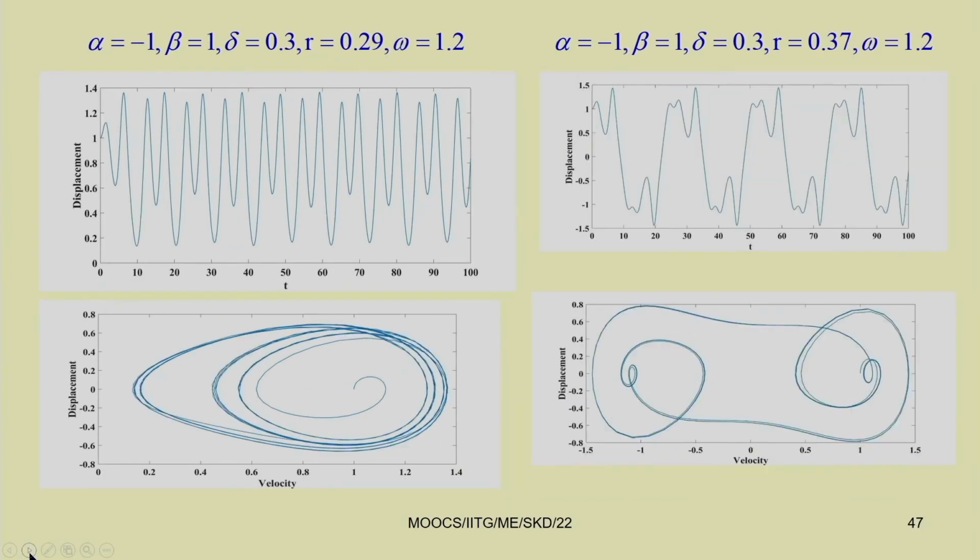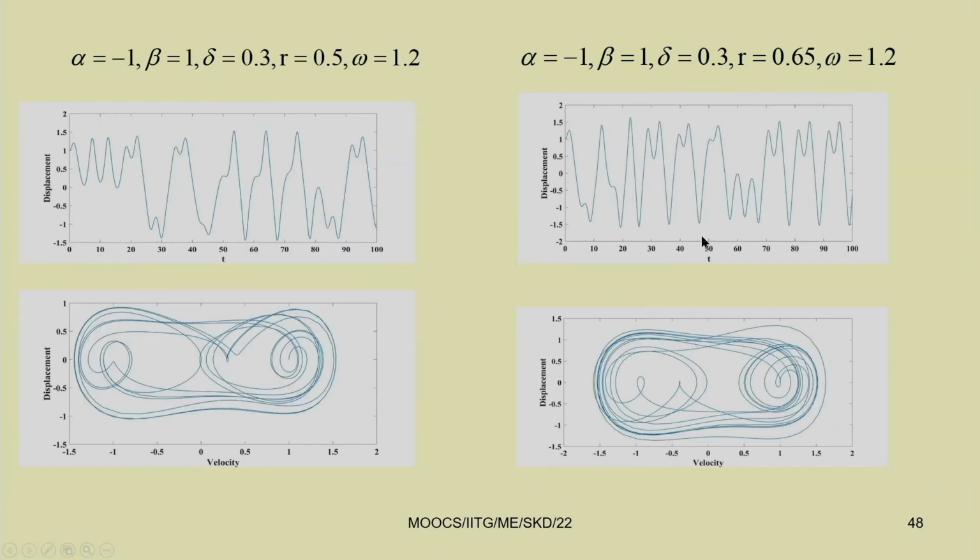Similarly, by increasing r to 0.29, this becomes 4 periodic, and then by taking it equal to 0.37 you can see it wandering between two attractors here. So, this becomes 8 periodic, and then finally it becomes chaotic by further changing r to 0.5 and r equal to 0.65. So, the response becomes chaotic.